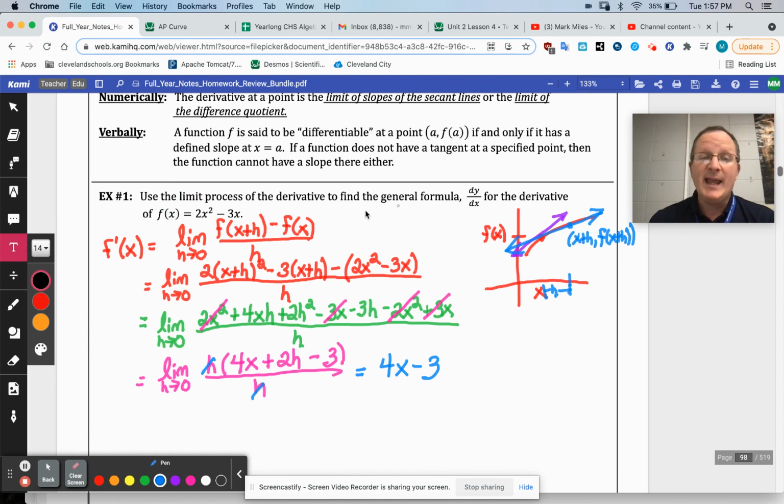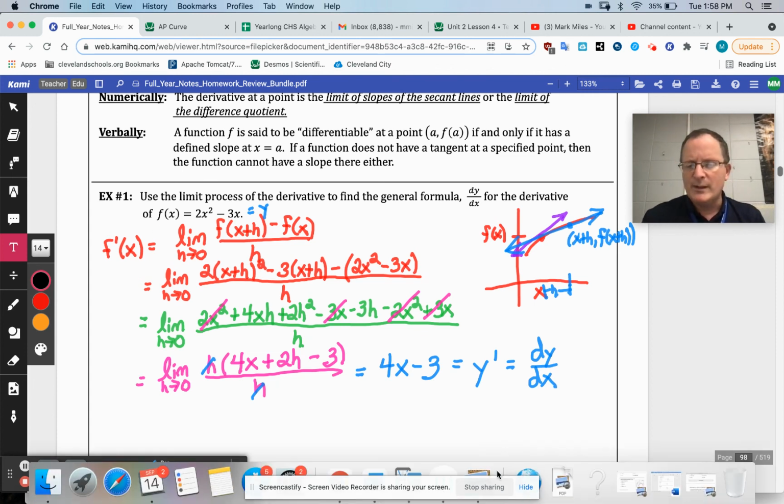Now, if you wanted to say this is equal to y, then I could say that's y prime, that's dy dx. That's okay, but since they only started off with f of x, I went with f prime. So enough for example 1.